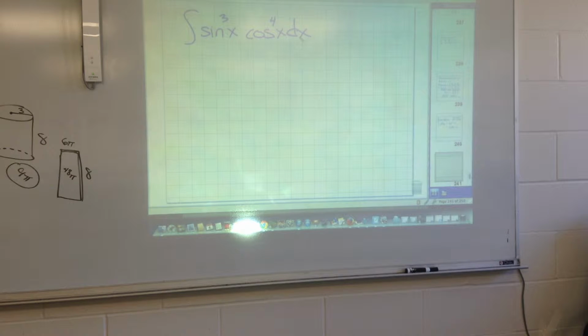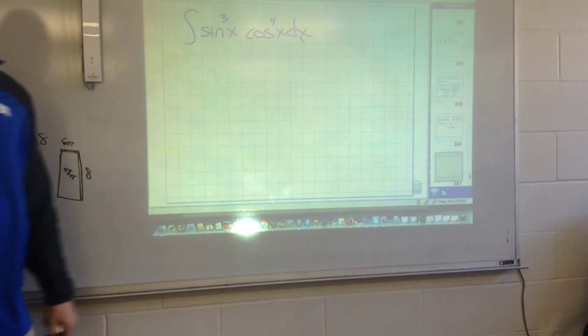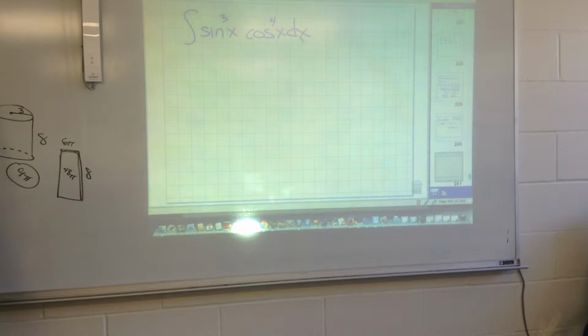Do we have the u and v for integration by parts? I don't believe so, but we can take that approach here. I don't think that's how we're going to get there.